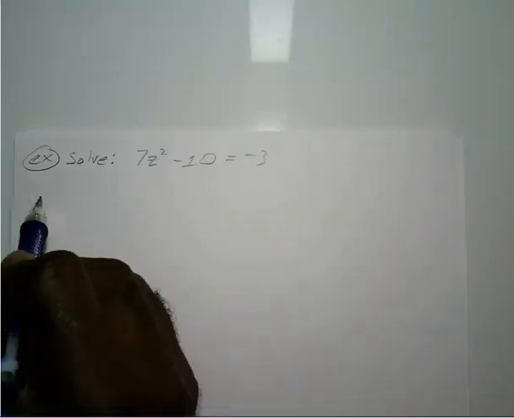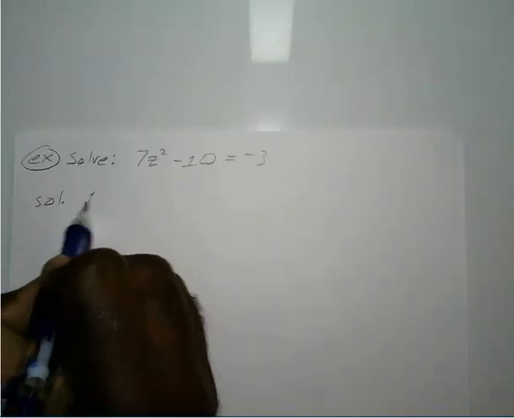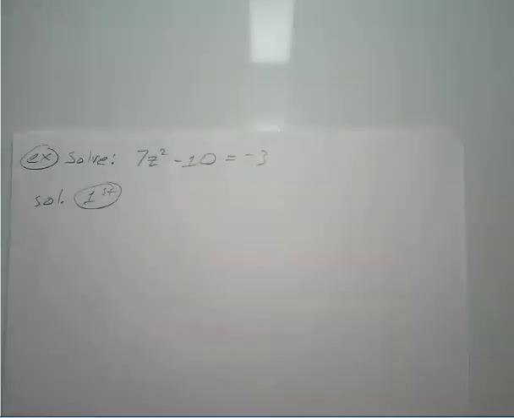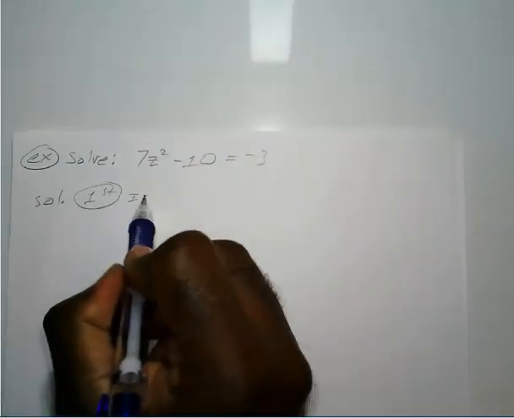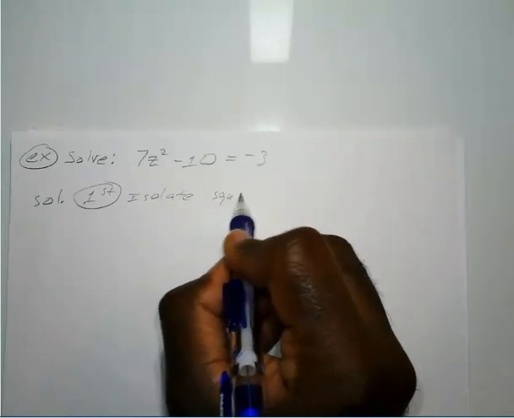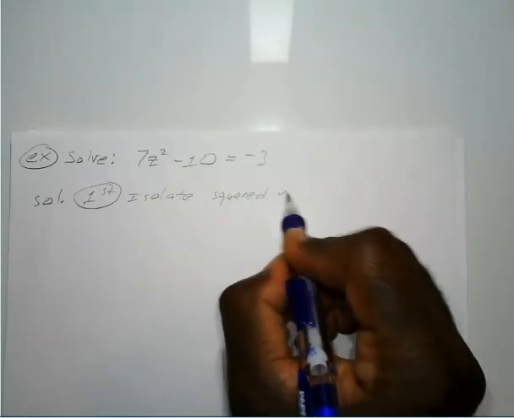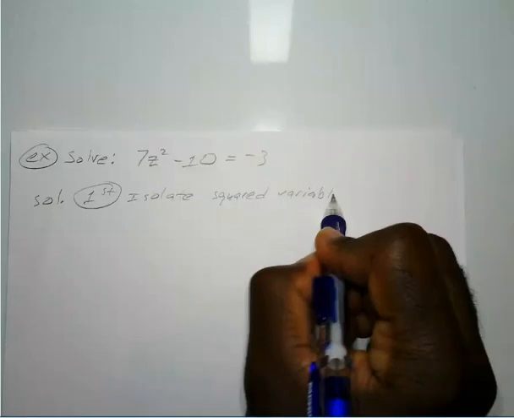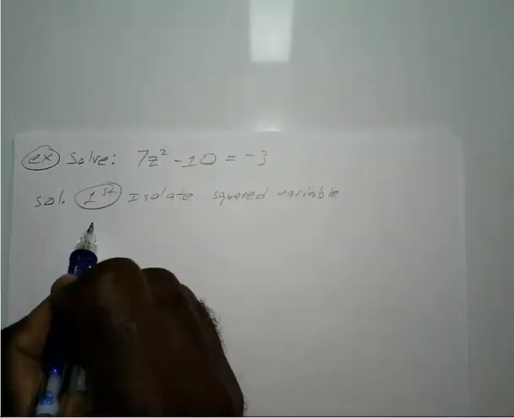Alright, so just like before, your first step would be to isolate the squared variable. Okay, so once you isolate your squared variable, then you can go from there.